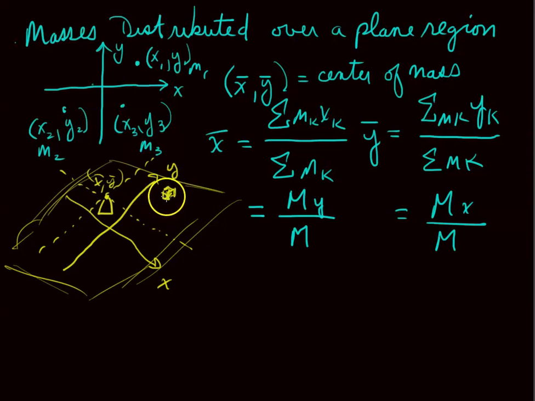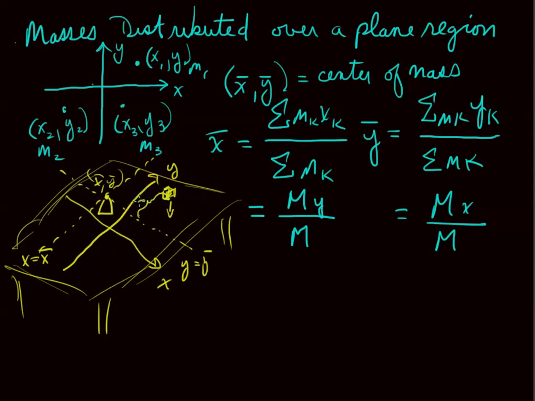Now this box is really pushing down towards this table. Since this is the line y equals y bar, and this is the line x equals x bar, as you're pushing down, you are doing this moment because you're measuring from there, and this distance is the y coordinate minus y bar.